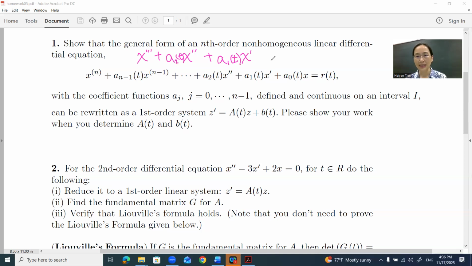It can also depend on t. And the function x, the coefficient of x is denoted by a naught. And the right-hand side is some function of t. So I will use a very specific case, corresponding to the general case, to give you a hint on how to reduce the equation of third order to a first order system.